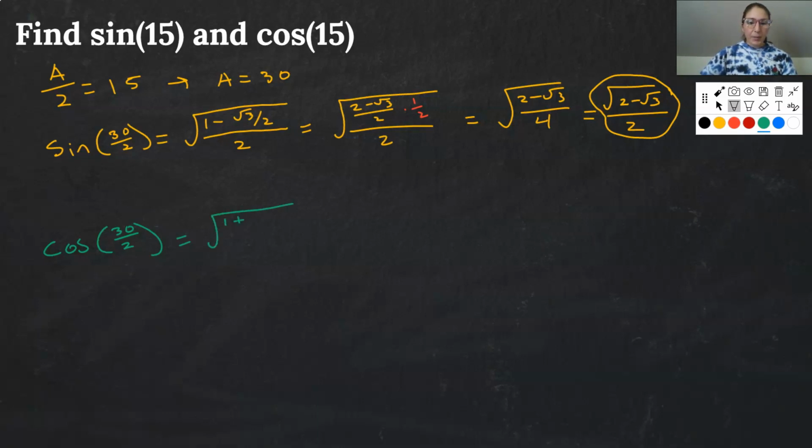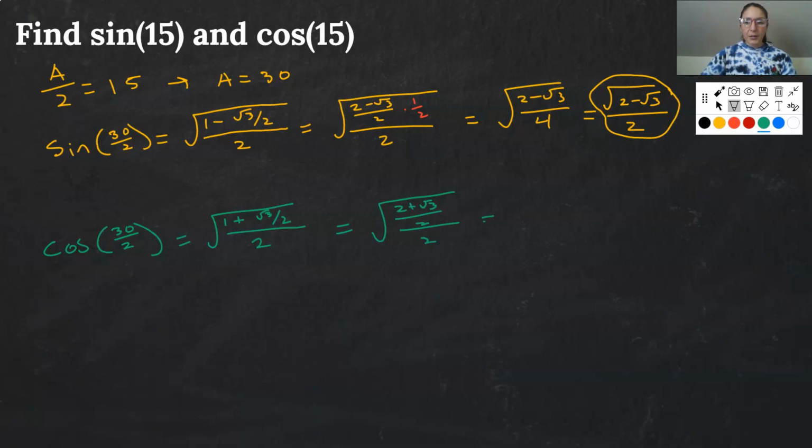And that's going to be the square root of 1 plus cosine of A over 2. A is 30. Cosine of 30 is, again, root 3 over 2. So I'm just plugging things into the formula. 1 plus root 3 over 2, so similar game that we played here. Change this into 2 over 2. 2 over 2 plus root 3 over 2 is going to be 2 plus root 3 over 2.